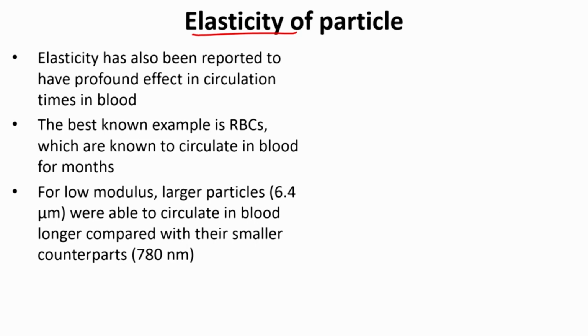Actually the best known example of this is a natural particle which is RBC, right. So, RBC we know is about 5 micron and they are highly elastic and very soft, right, and they have been known to circulate in the blood for about 2 to 3 months.